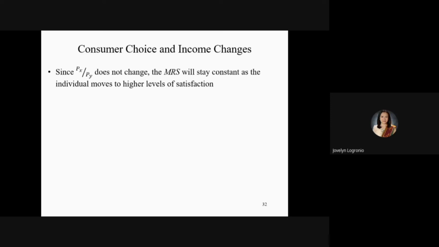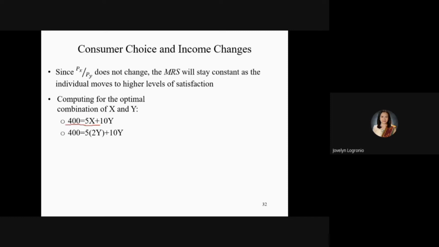As income increases to 400, what would the level of satisfaction be? To know that, we need to solve for the optimal bundle, the optimal combination of X and Y. So using the same process, the new budget line equation is this one. Then substitute.